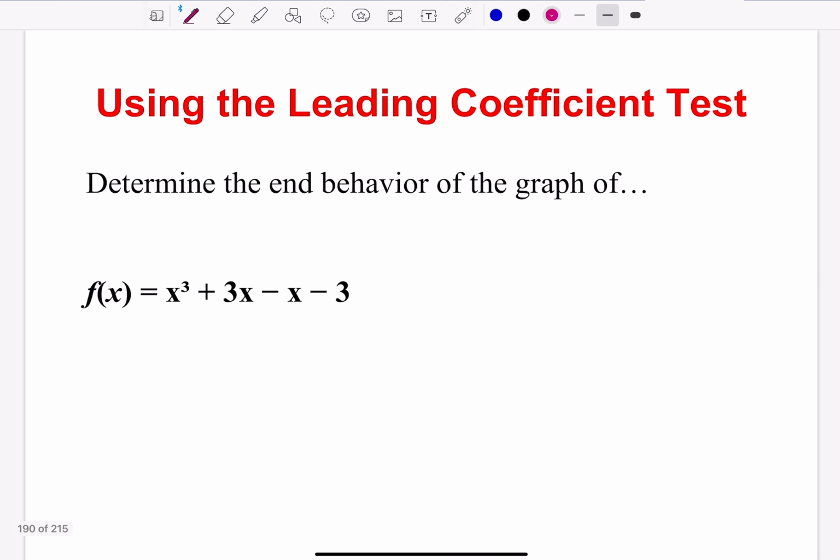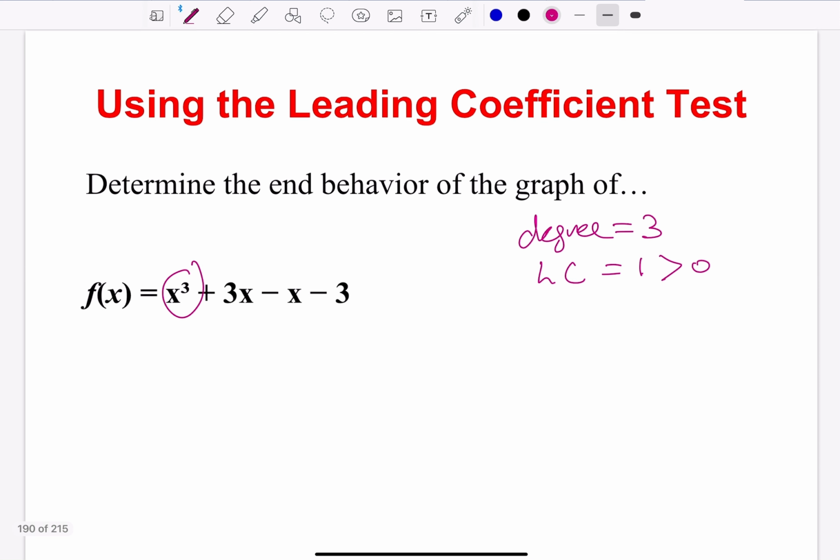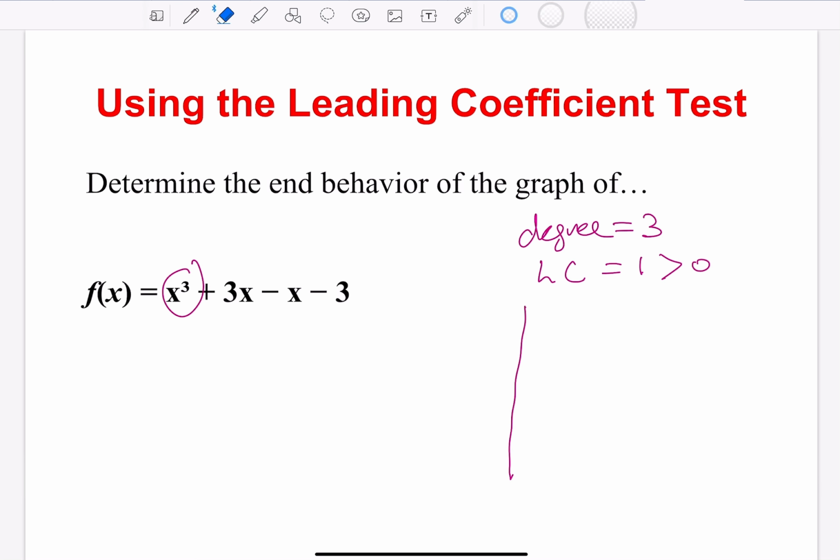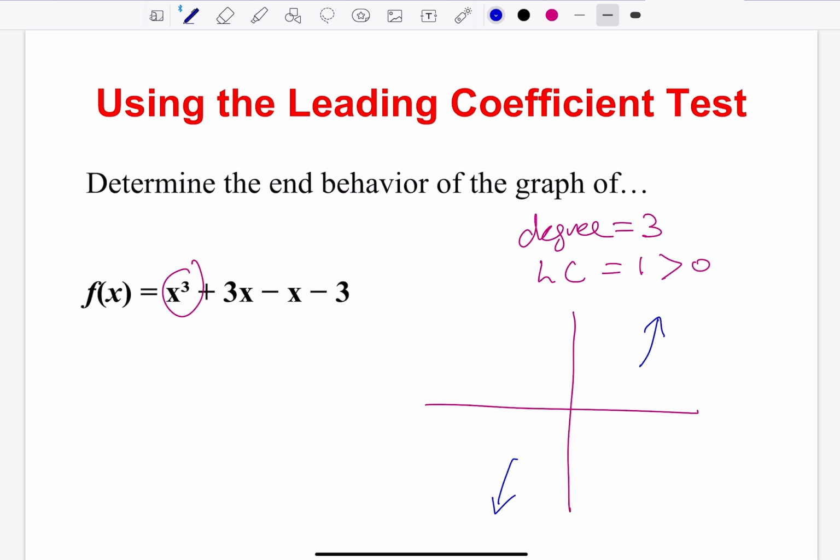Another example, let's practice more on the end behavior. Here, the degree is 3 and the leading coefficient is 1, which is positive. So for odd degree polynomials, like in this case, our end behavior is going to be something like that.